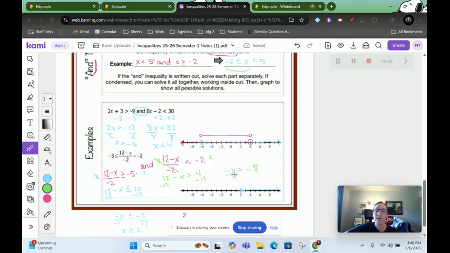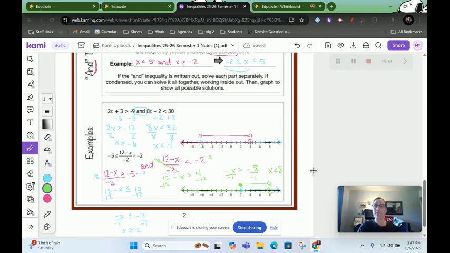And then I'm going to divide by -1, so my sign flips again. And I get x is less than 8. So another open circle right here, and we're going this way. So where they overlap is right here, a closed circle at 2 to an open circle at 8.